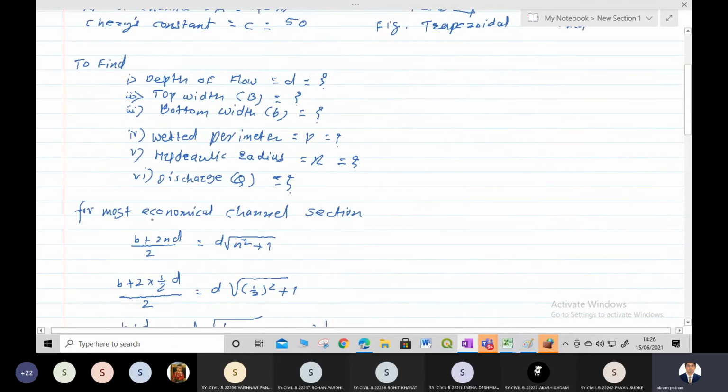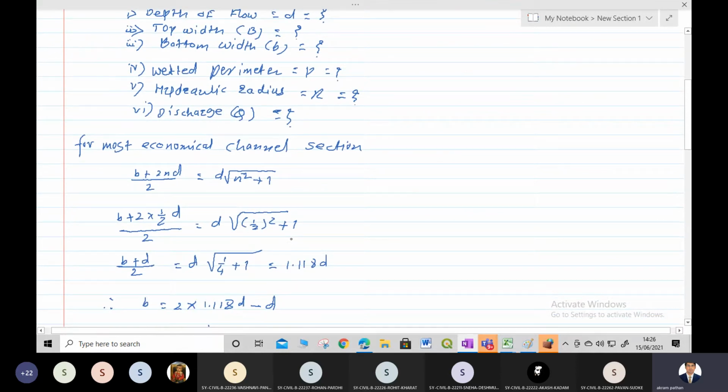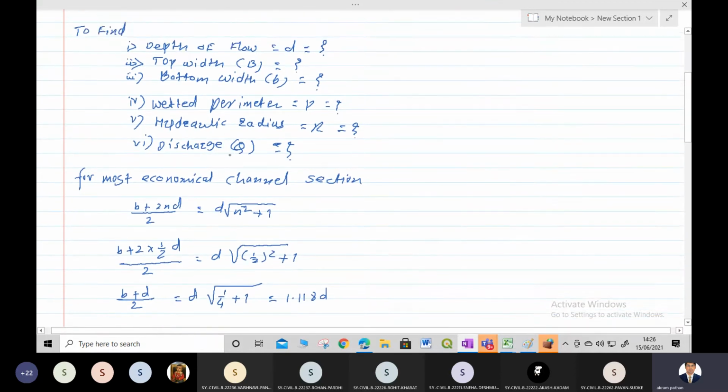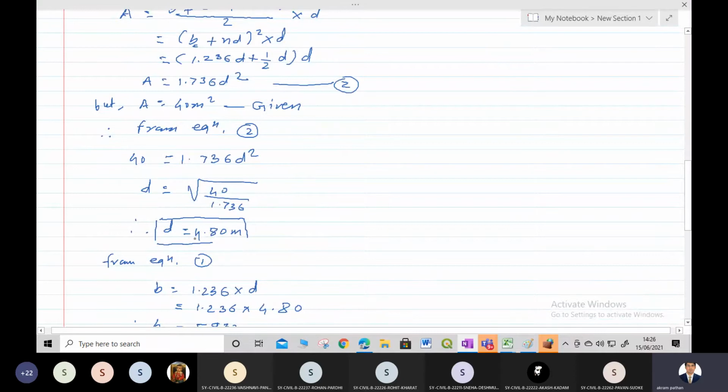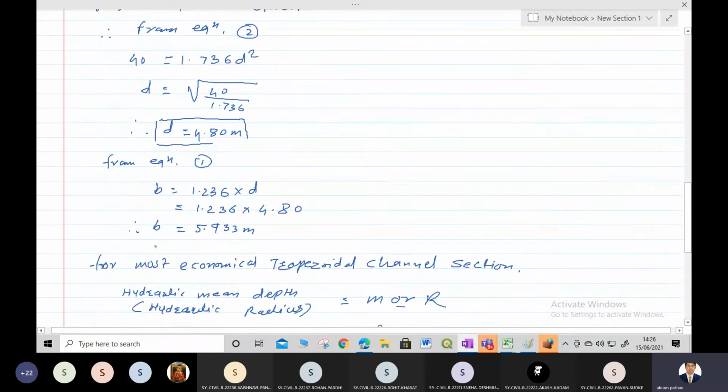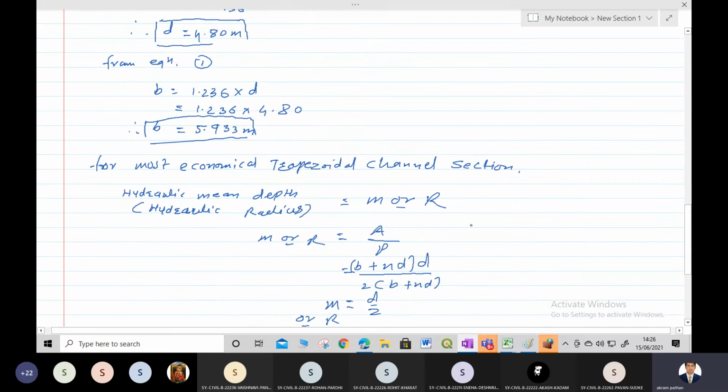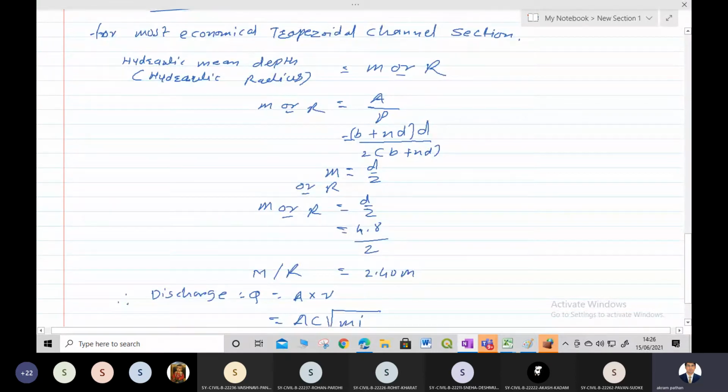So these are the things we have to find out. We know all the things needed to find out these parameters. First we have to find out the depth of the flow of the channel, 4.80. Then the second parameter, that is bottom width. Then we have to find out the hydraulic radius, directly D by 2.